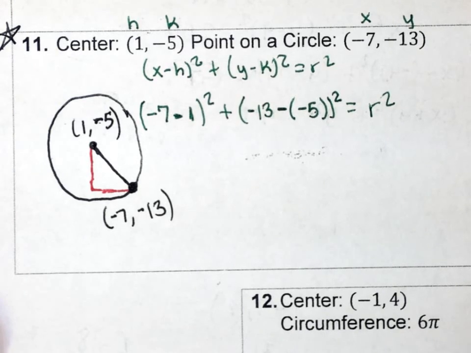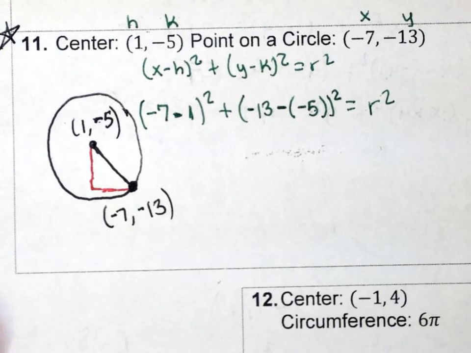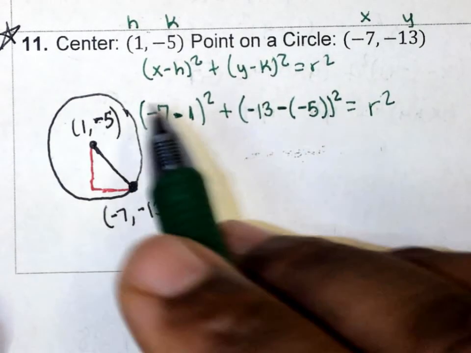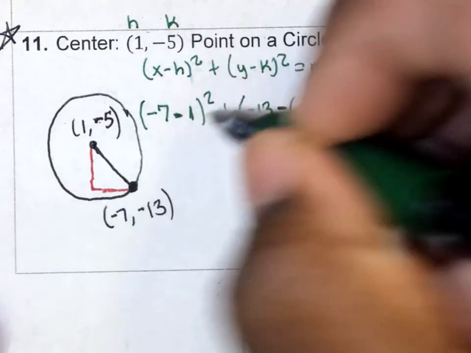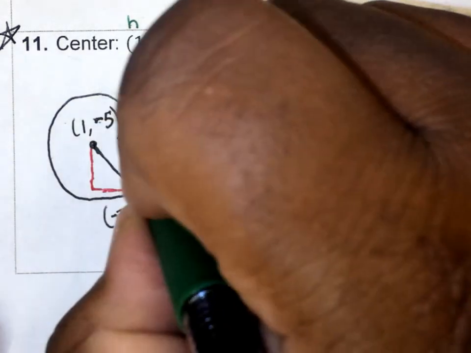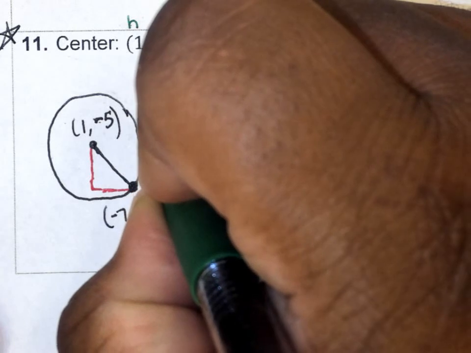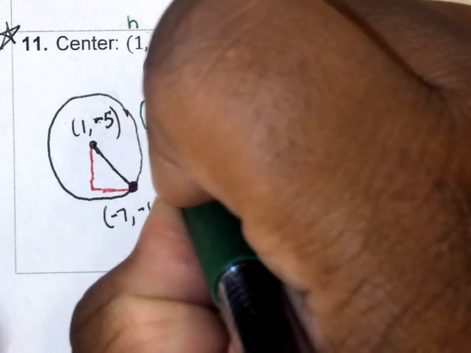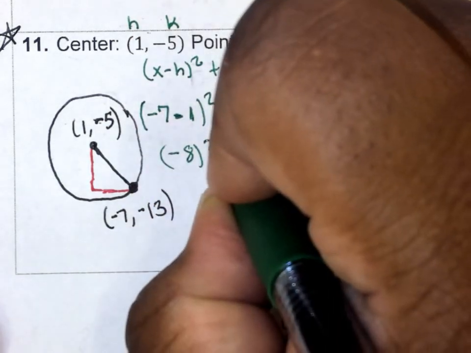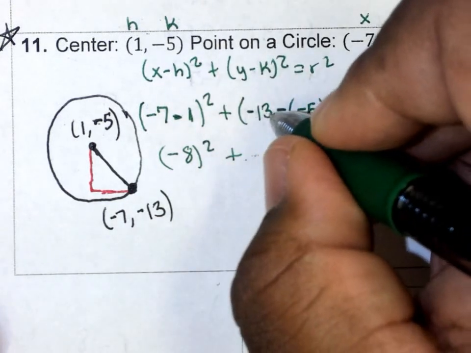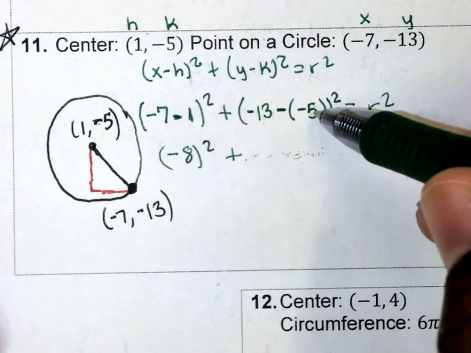This is basically us setting up Pythagorean, but we're just using all the numbers. Instead of doing my counts over here, I'm gonna just do it here. So -7 minus 1 is -8. We'll get -8 squared.